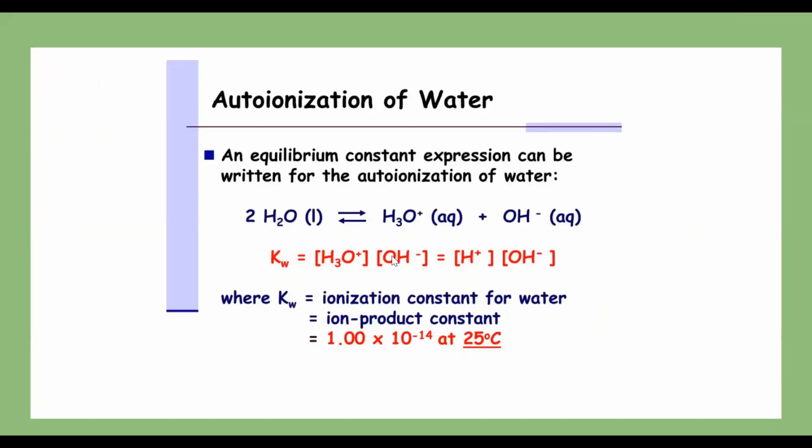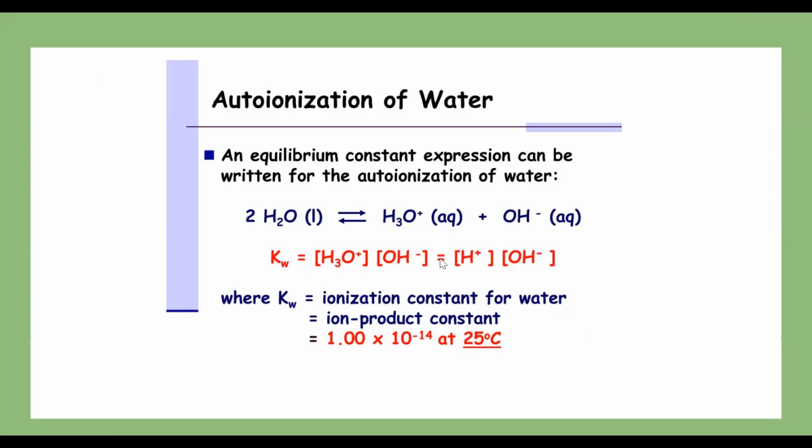So now we want to write the equilibrium constant expression for this equation. When it's written, it will be Kw equal to hydronium ion concentration times hydroxide ion concentration.